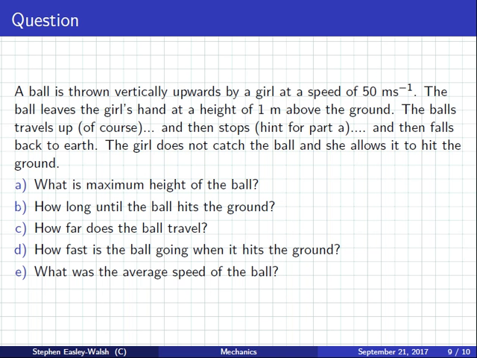Got that? The time. Looks hard, huh? I think the one I calculated is just the one that goes up to the maximum height, but then the return one. Let's have a look. Let's do this one together.